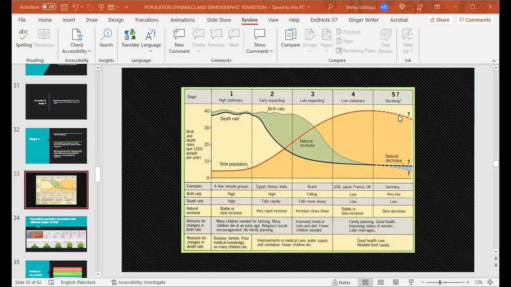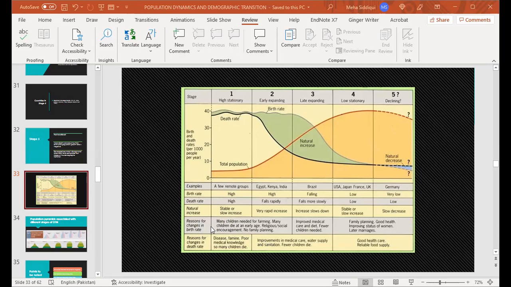And then comes stage 5, in which birth rate is very low while death rate is just low. So the natural increase is negative, that is negative population growth. An example of this is Germany, where this stage is seen. So these are the 5 stages.